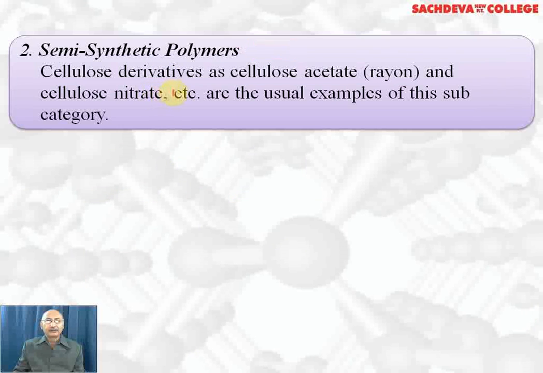Semi-synthetic polymers: cellulose derivatives such as cellulose acetate, rayon, which is also used as plastic, and cellulose nitrate, called gun cotton, used as explosive, are usual examples of these semi-synthetic polymers. And rayon is also called artificial silk because it is shiny like silk, but actually its chemical composition is like cotton.